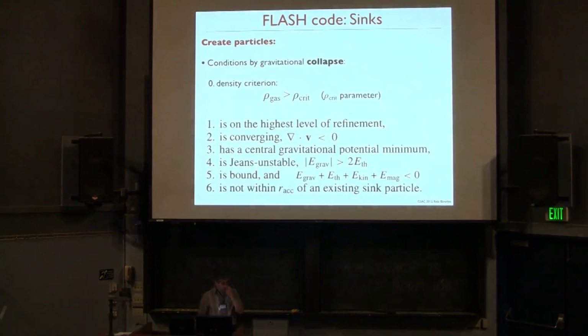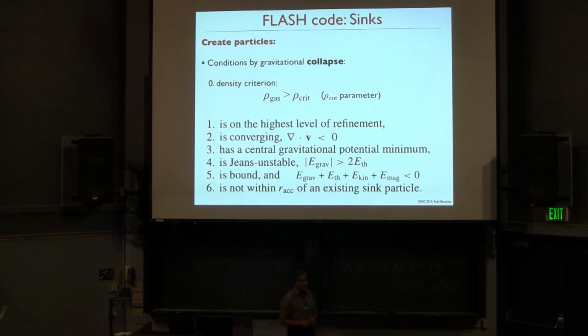Robi, yes? I've never understood the point of criterion 2, because if you weren't above the critical density in the previous time step, and now you're above the critical density, so you're going to create a sink particle, then isn't div V less than 0 necessarily because mass is conserved?